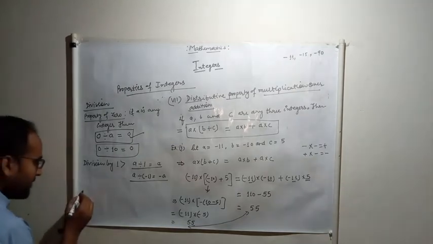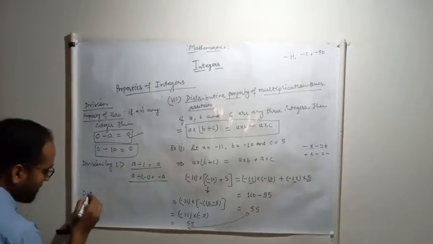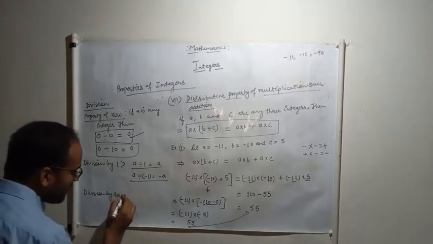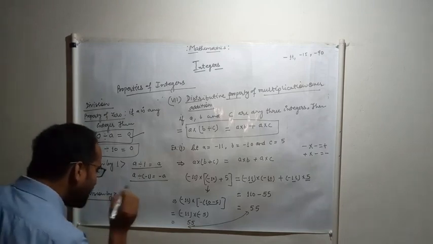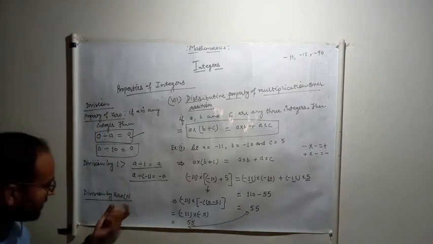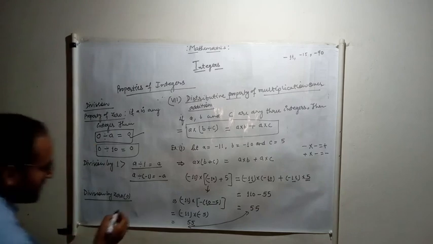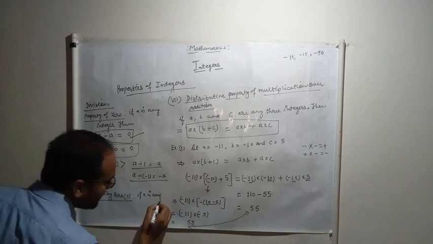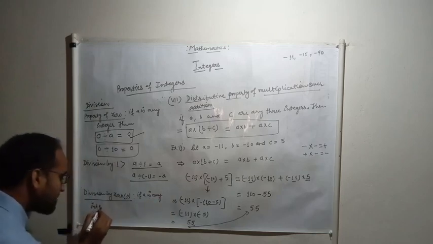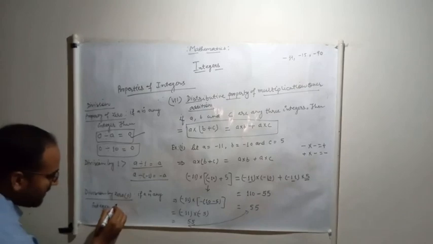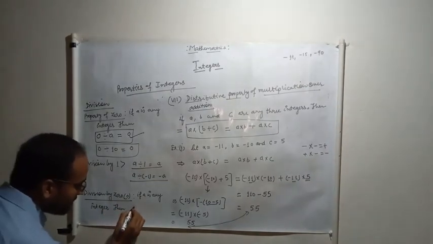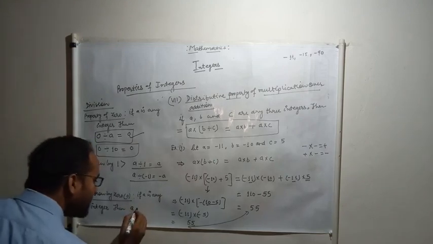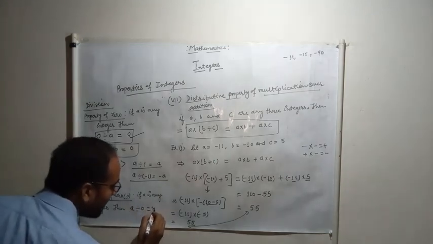And the division by 0. In the case of division by 0, it is not permitted. Means if a is any integer, and if you divide that integer a by 0, it is not defined.